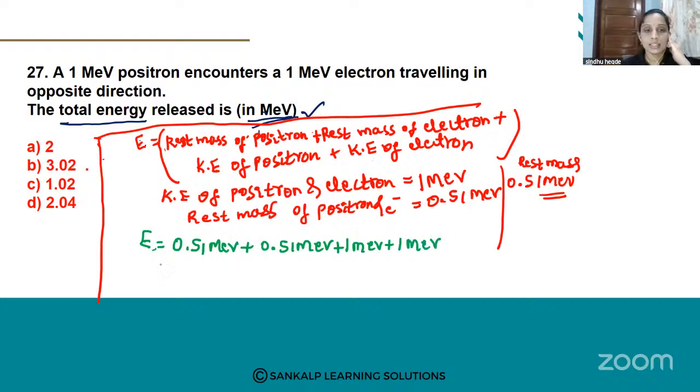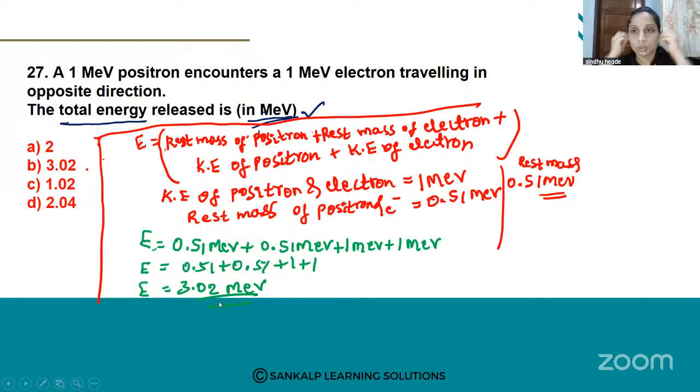So add all these: 0.51 plus 0.51 plus 1 plus 1. Total energy E is equal to 3.02 mega electron volt. 3.02 mega electron volt is the answer.